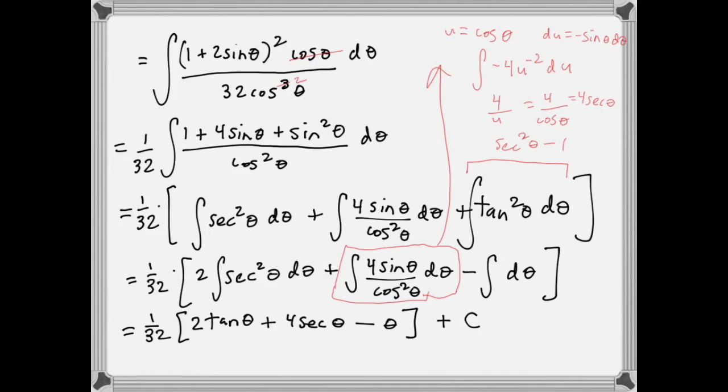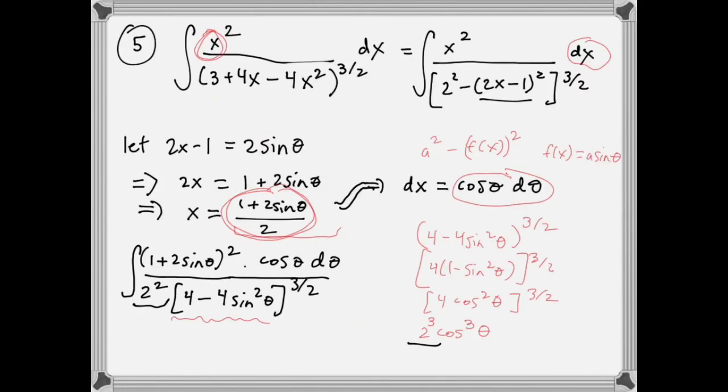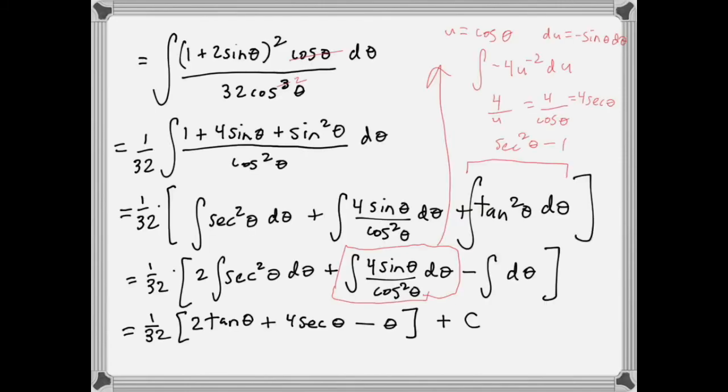I cannot leave my answer like this, sorry, because I cannot leave theta in my answer. Going back to the beginning, remember that theta was my second variable. My first variable was x, right? And so this is our relationship here.